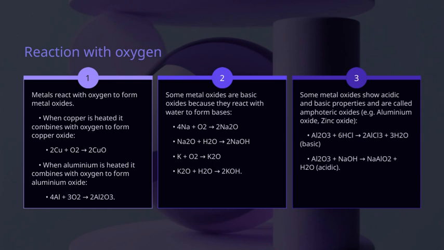The overarching concept here is that metals tend to react with oxygen to form metal oxides, which can have different properties, some acidic, some basic, and some amphoteric, depending on the specific metal and conditions. This understanding helps us see the broad range of reactions metal elements can undergo with oxygen, shaping many materials and compounds we encounter in both nature and industry.